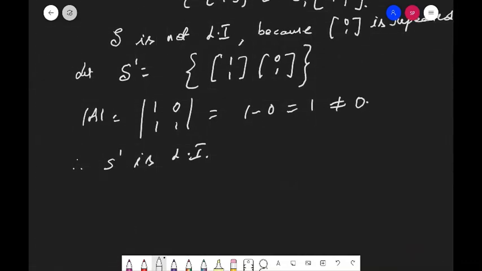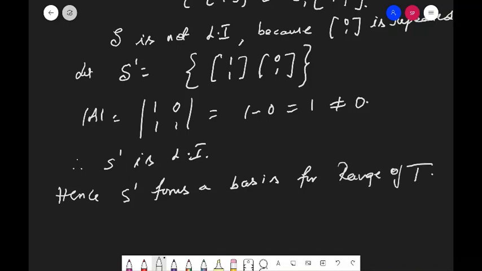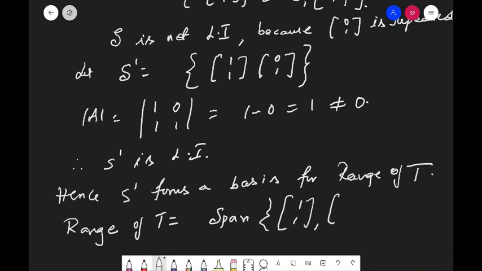Hence S dash forms a basis for the range of T. The range can be described as the span of these 2 vectors (1, 1), (0, 1). This is the way we describe the range of a linear transformation, or find a basis for it.